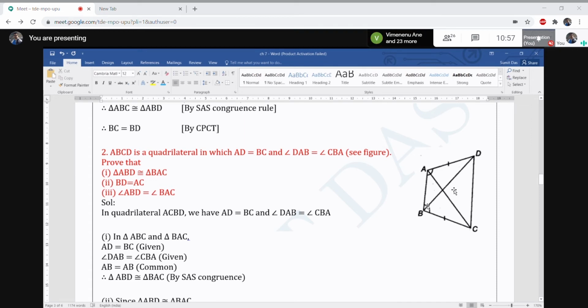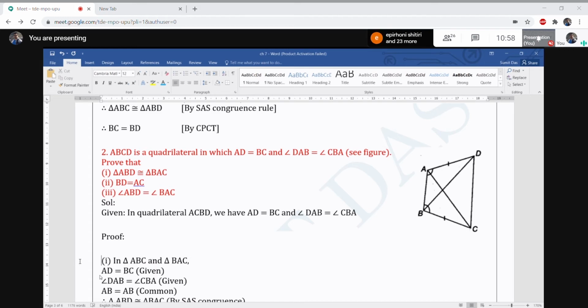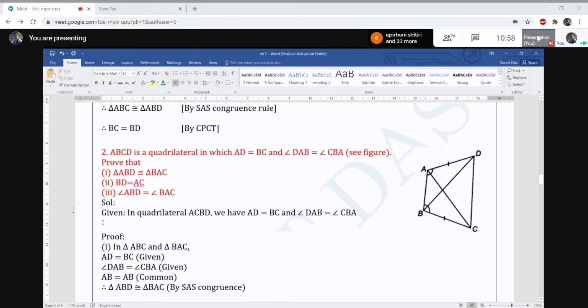Okay, so here also I'm not writing any given, or you can write it also, no problem. You can write the given part like this: given, proof. To prove, you can see easily this is to prove, so you can write the to prove part also here, no problem.